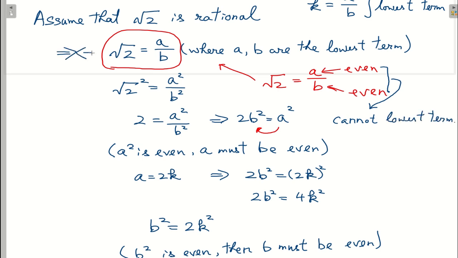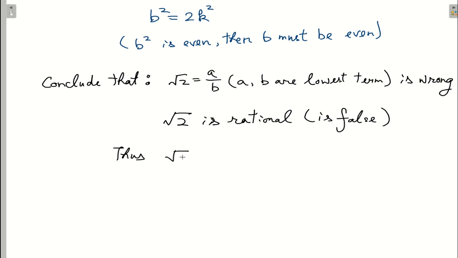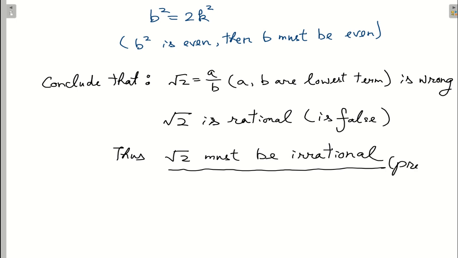So what we find is something that contradicts our assumption. And we can conclude that the square root of 2 equal to a over b, where a and b are in lowest terms, is wrong. So the square root of 2 being rational is false, and the square root of 2 must be irrational. And then we have proved it. This is called proof by contradiction.